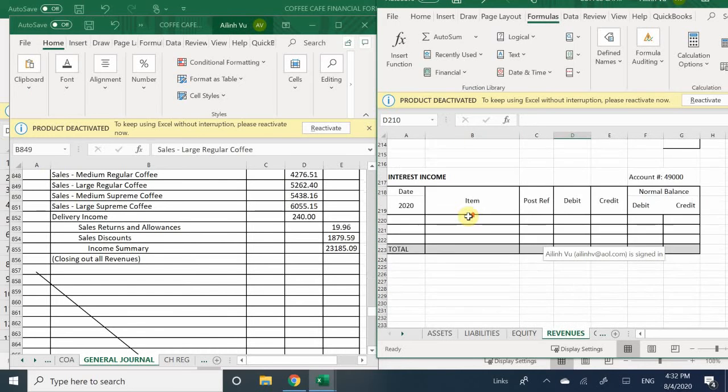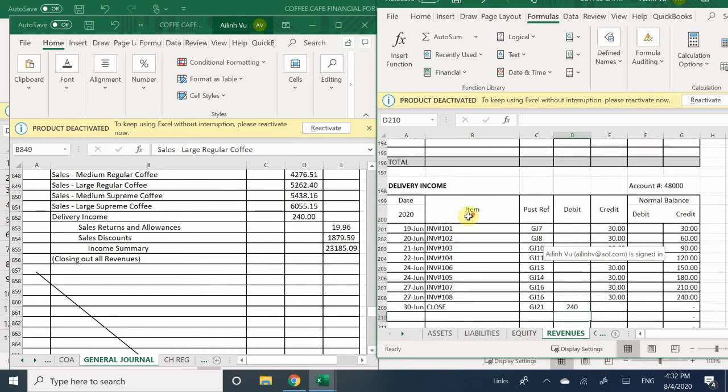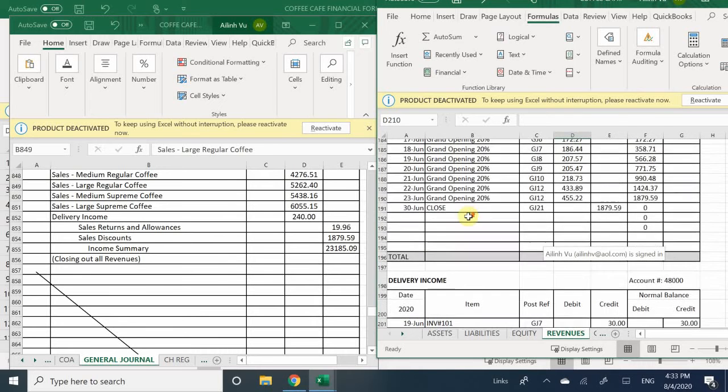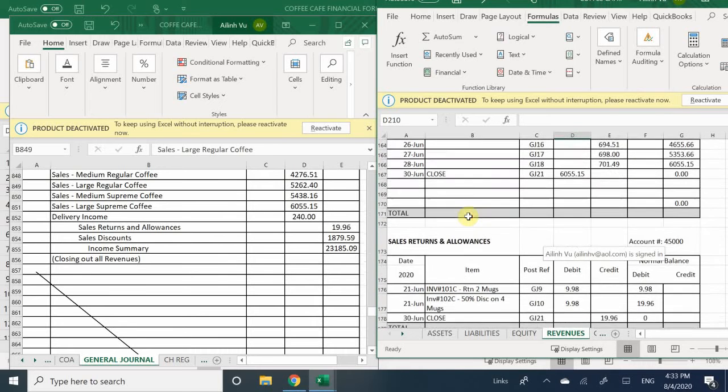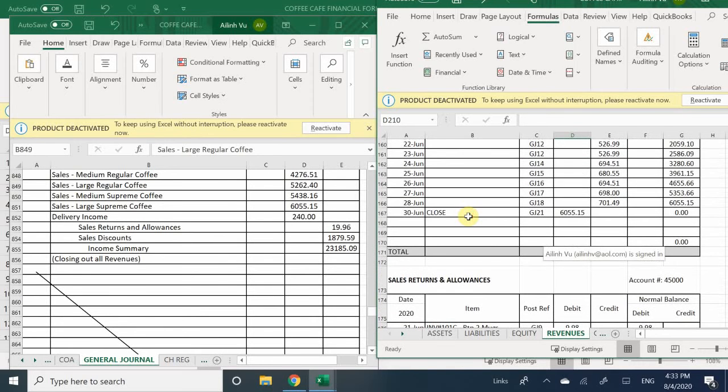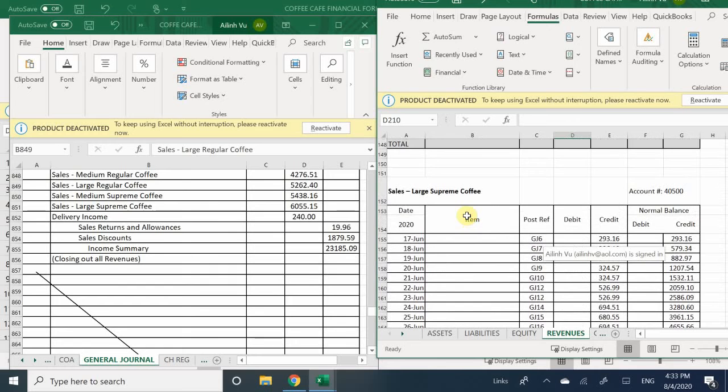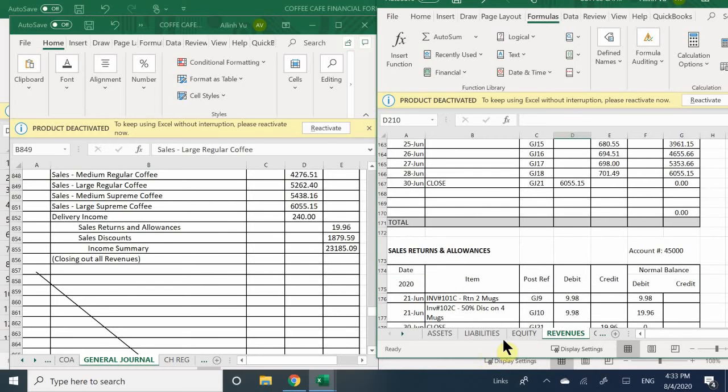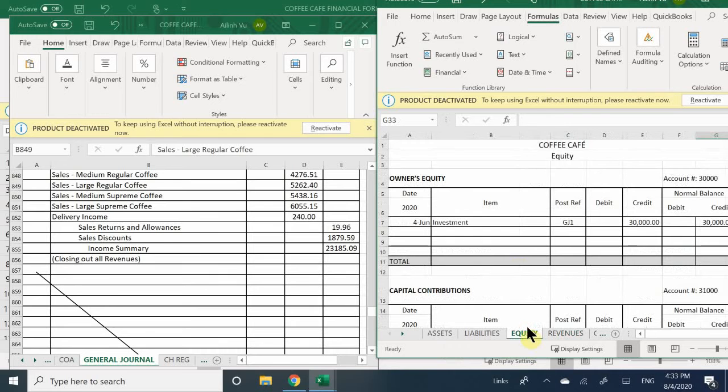Okay, we didn't have any interest income, so we don't need to record that. But so far, so good. Every revenue account has been zeroed out as of right now. And the last thing I've got to do is update my income summary, which I went ahead and did under my equity accounts.